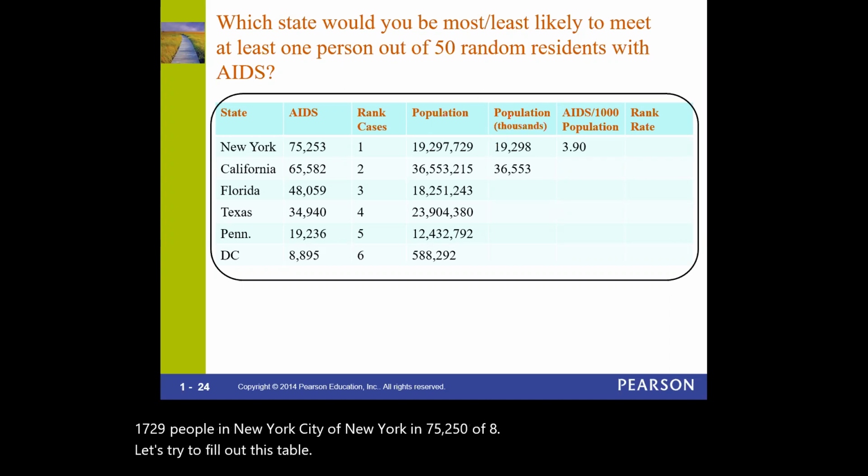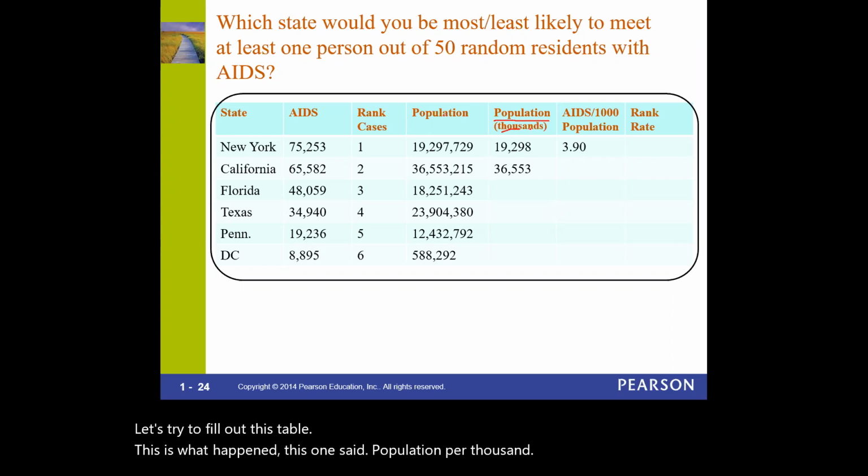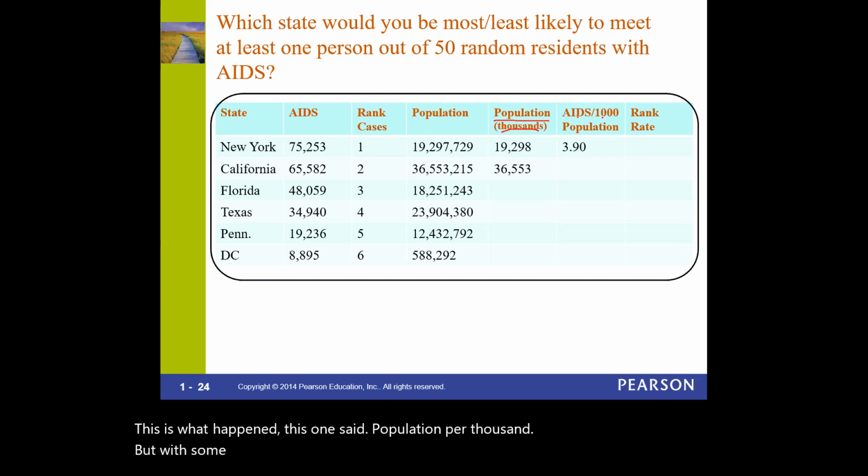It says population per 1,000, AIDS per 1,000 of population, and then you're going to have a new rank for them after that. That's our work right now.